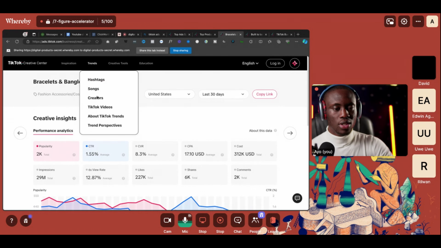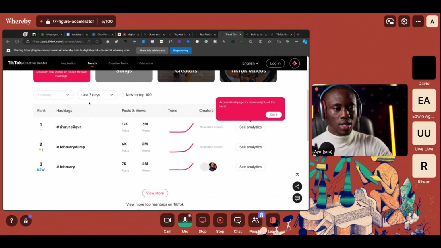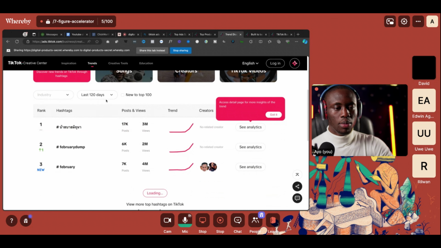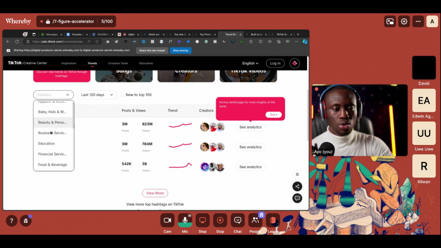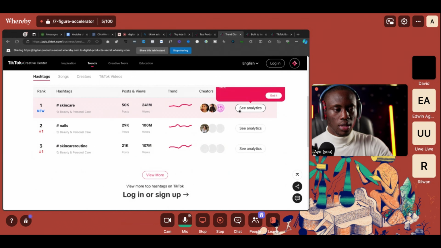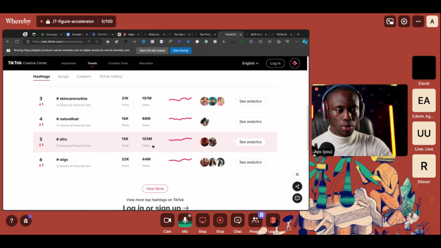You can easily search for hashtags. Let's go for hashtags. You can search for hashtags for different industries and be able to model after it. So we'll just go to beauty and personal care, for instance, and then you can see the analytics, the creators that are dominating this space, Afro Weeks.